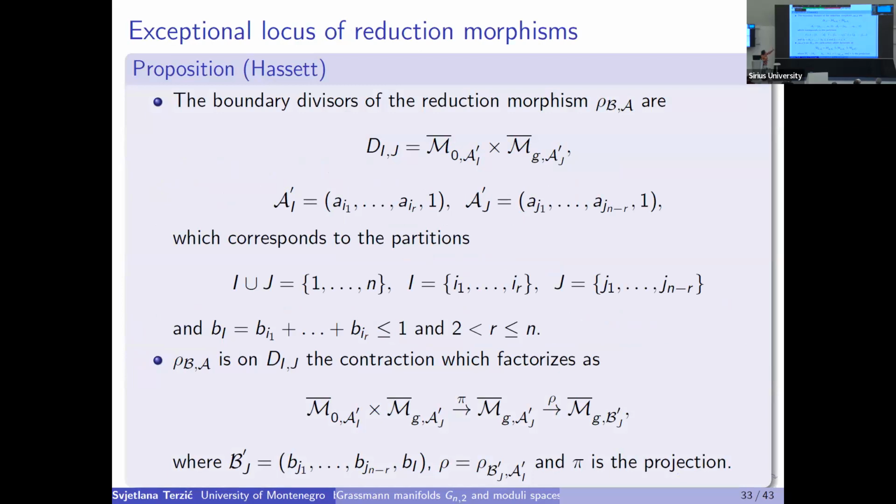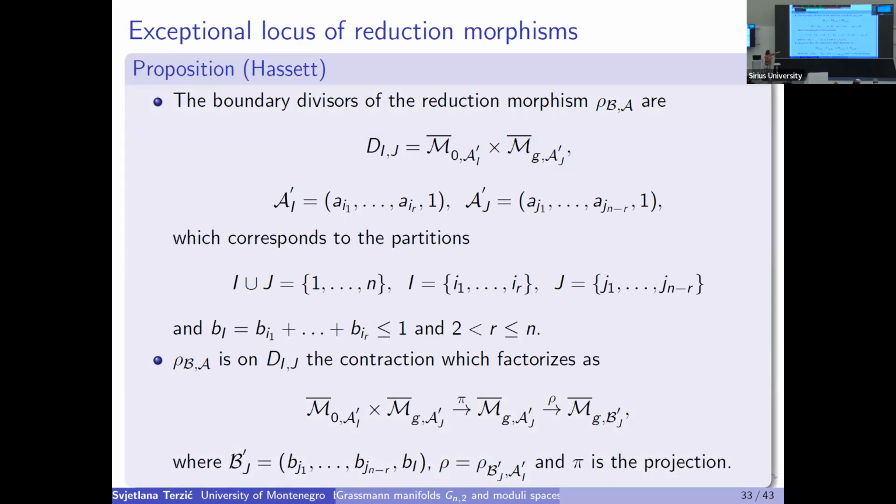So this is the theorem proved by Hassett, and the reduction morphism on the boundary divisor is just a contraction. It contracts this component M_0,A_I prime and factorizes in the following way.